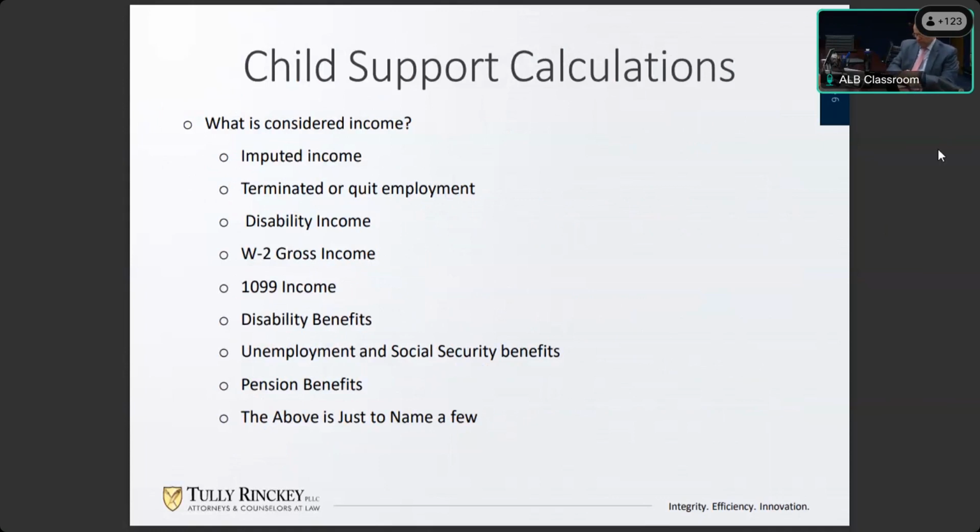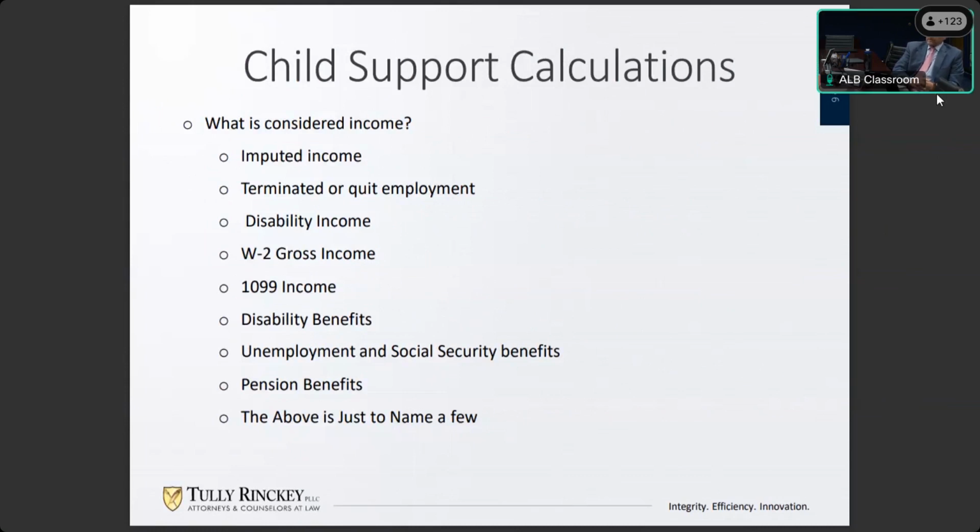And again, when you're looking at this, same thing if someone didn't have a job. But really quick about your imputed income, someone didn't have a job and the parties split up, and one of the parties is just sitting home and not doing anything.